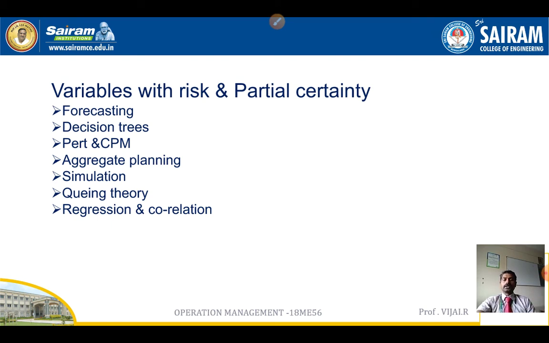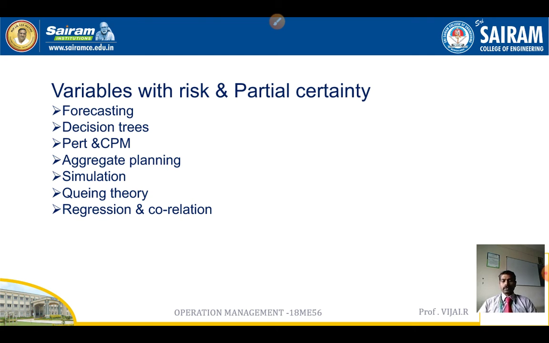Somewhat partially, with the help of group discussions or experience, we can make these calculations. PERT and CPM are in the operation research subject. We will see how to calculate the critical path method, which is an easier method to find the shortest distance.